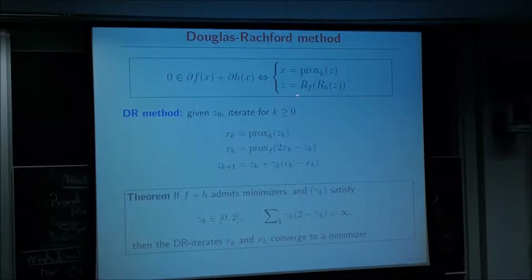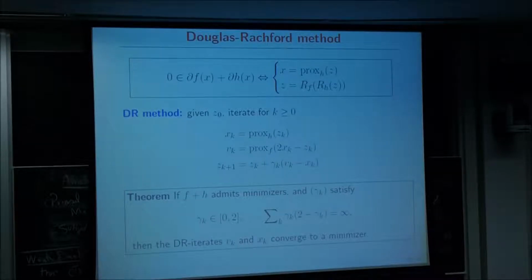You might have thought that I'm iterating z, that my convergence statement will be about z, but the convergence statement is actually about the x's and the v's. This has happened to me many times when I program Douglas-Rachford. I output the solution and the solution is wrong. It's because I often by mistake just end up outputting z. The thing that converges to a solution is the x. So this x and this v, they converge to solutions, z does not.